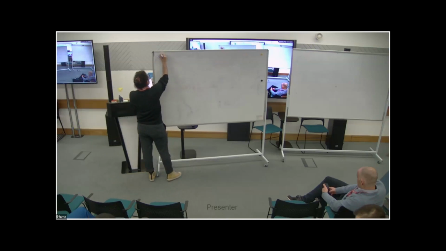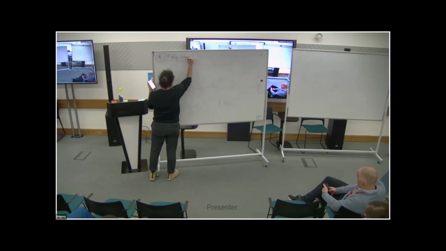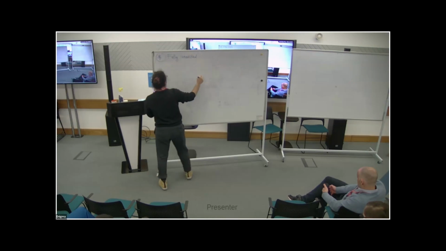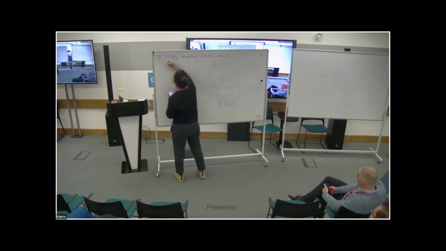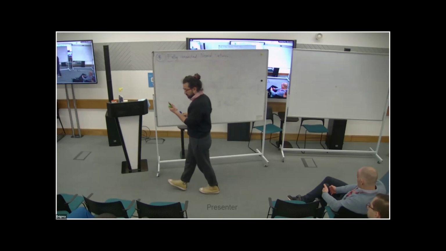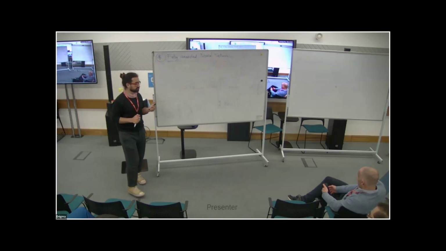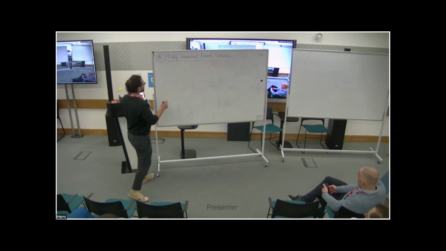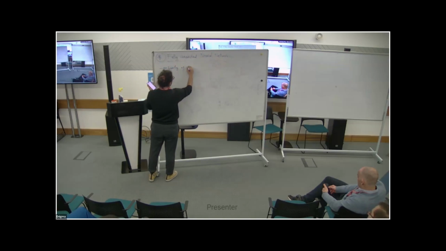So let's define what a fully connected neural network is. Who is familiar with neural networks? Neural networks are essentially a family of parametric hypothesis classes.